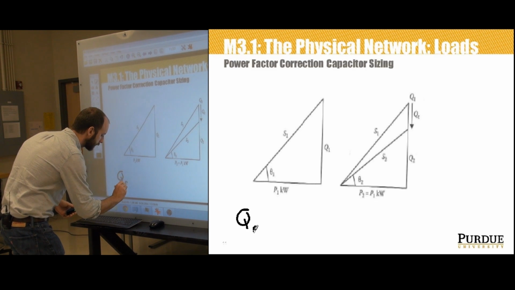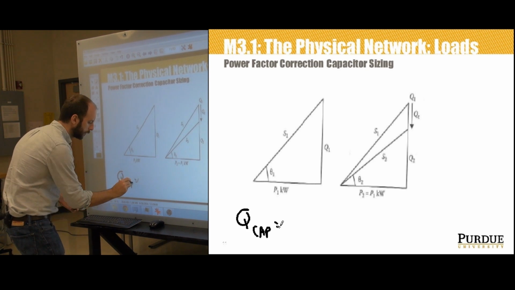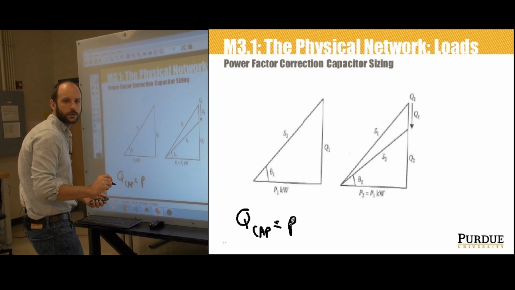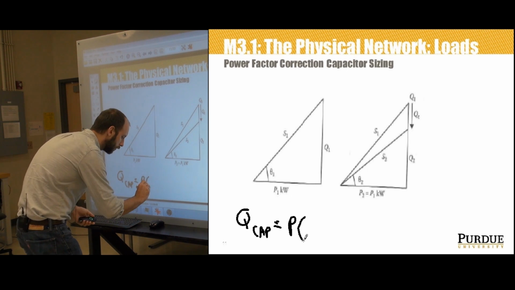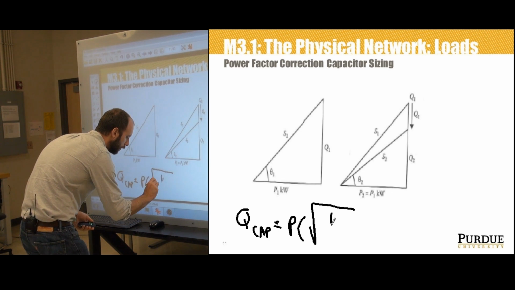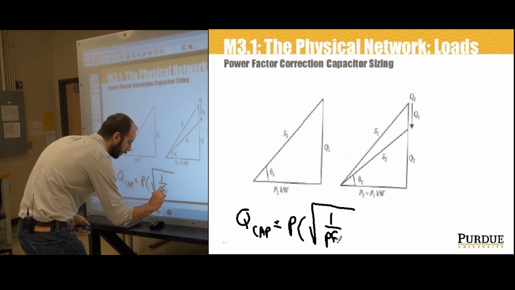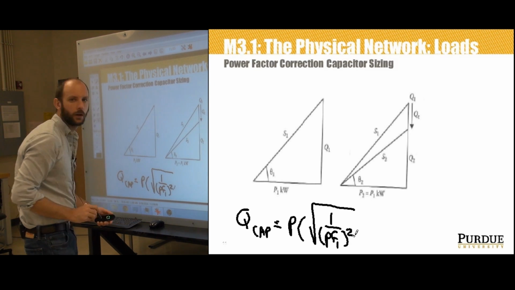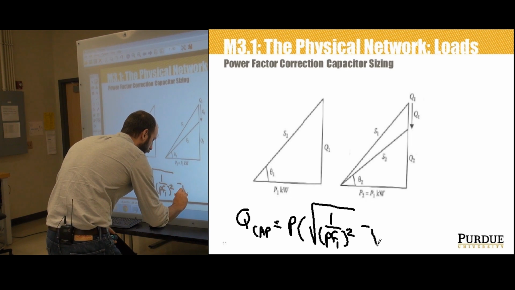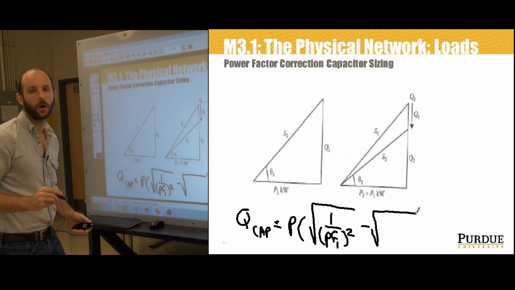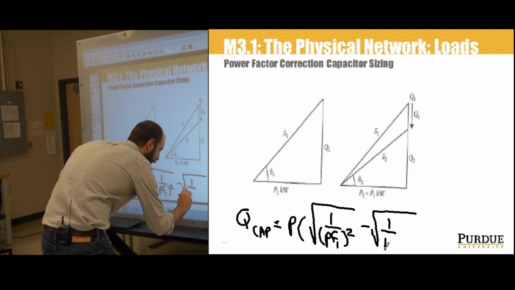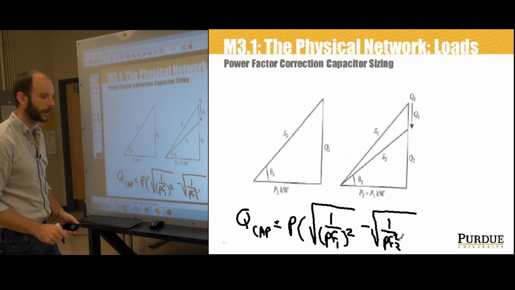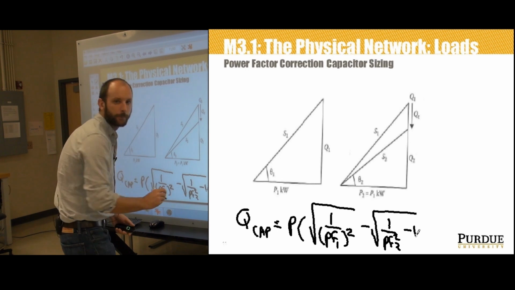that the Q necessary for the capacitor is going to be equal to the real power times a big quantity: the square root of 1 over the old power factor squared, minus the square root of 1 over the new power factor squared, that quantity minus 1.